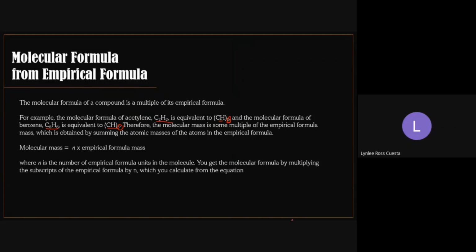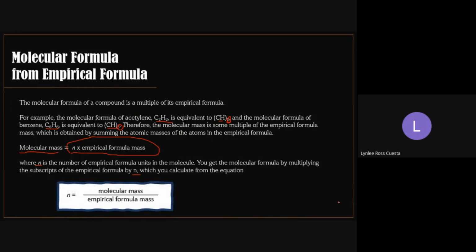Now I want you to remember for any molecular compound, you can simply write molecular mass is equal to N times the empirical formula mass, wherein N is the number of the empirical formula units in the molecule. You get the molecular formula by multiplying the subscripts of the empirical formula by N, which you calculate from the equation N is equal to the molecular mass divided by the empirical formula mass.